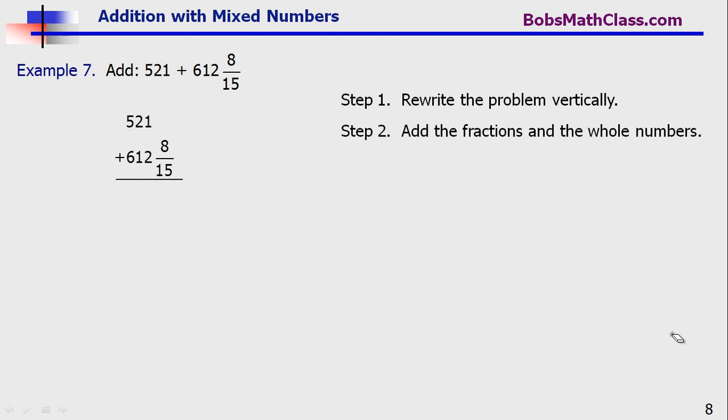To add the fractions, there's only one fraction. There's no fraction on the top, but you can think of it as a 0 up there. What's 8/15 plus 0? Or what's any number plus 0? The same number, right? So we could just add the fraction, 8/15 is our fraction, and then add our whole numbers, and that's it, because we don't have an improper fraction.